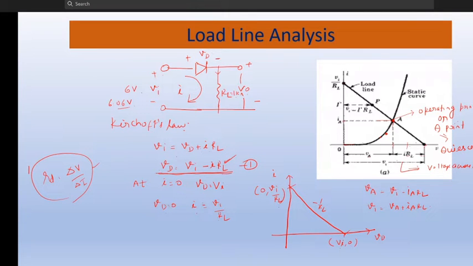But if this varies, then this will also shift. That is called dynamic characteristics. We will come to that. So this is basically a load line. You have determined the intercepts here, Vi upon RL, and this is the voltage across the diode, this is the current. I hope it is clear.